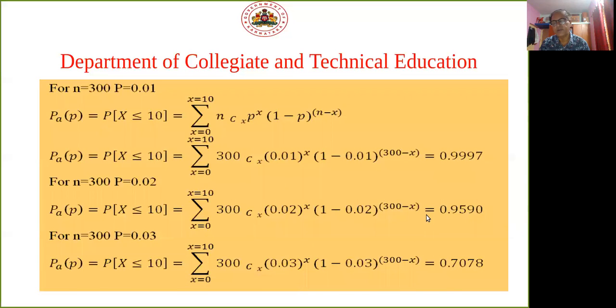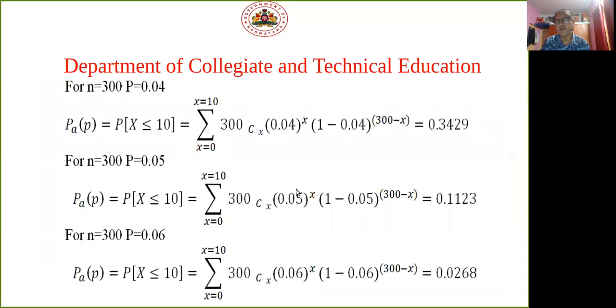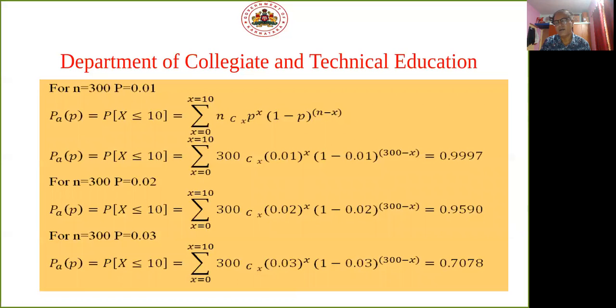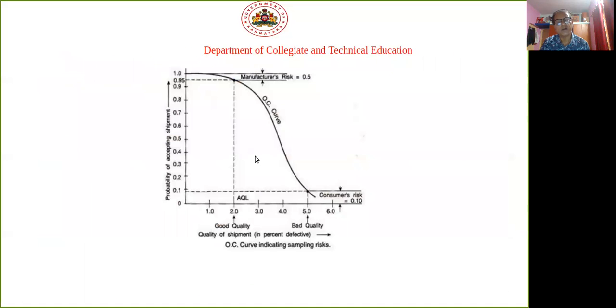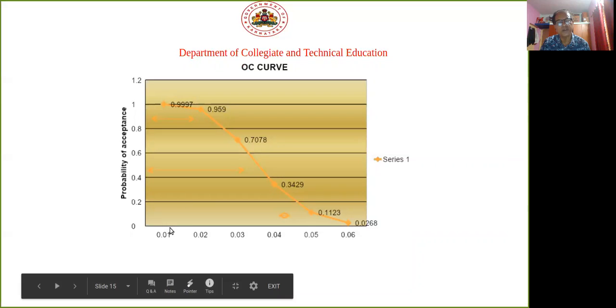Like that you have to tabulate, and then you will get the curve that is called the OC curve. So you see here, the first value 0.997 for p equals 0.01. From the curve you can see 0.997.